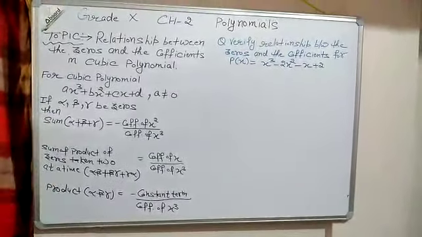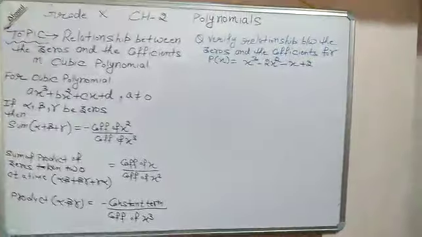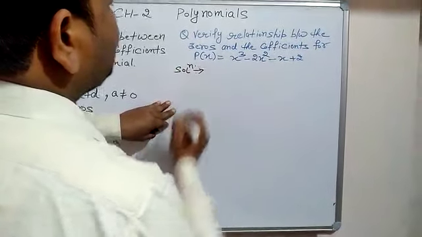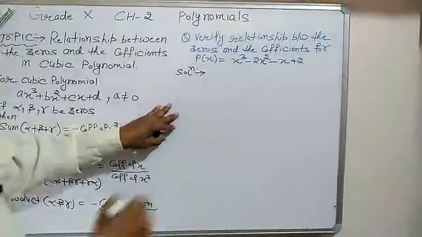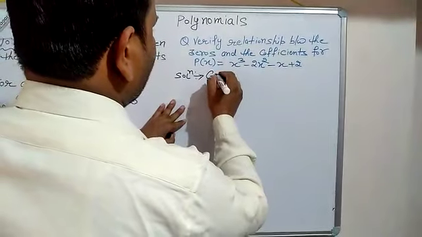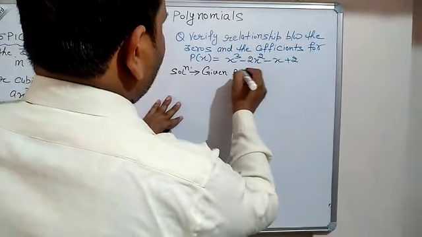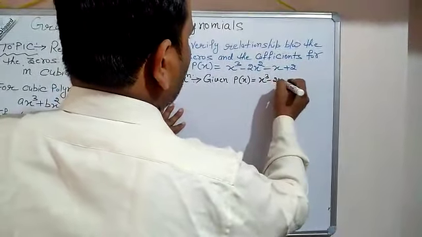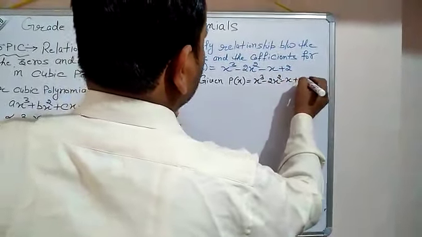Now let us solve one question in which we learn how to verify the relationship between zeros and the coefficients. So given polynomial p of x, that is x cube minus 2x square minus x plus 2.